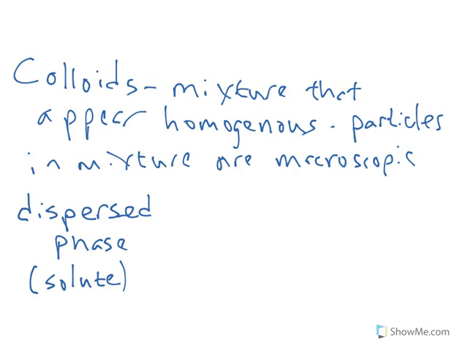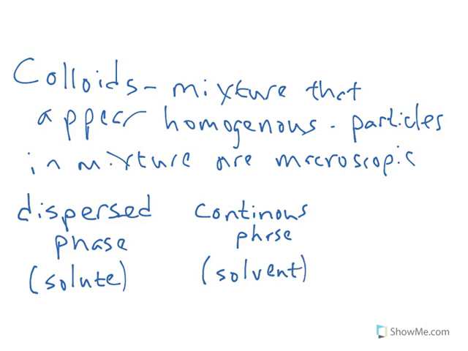And then you have something called the continuous phase. Again, these are not what we consider solutions, but if you were going to draw that parallel, the continuous phase would be similar to the solvent. So a little bit different terminology here.